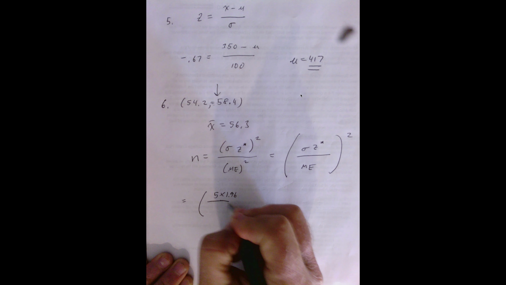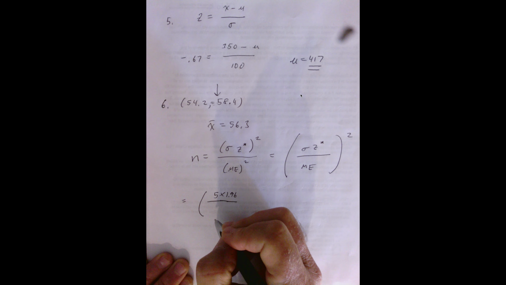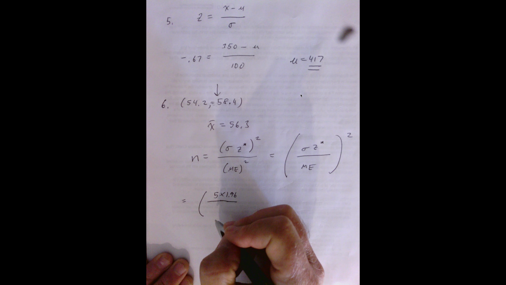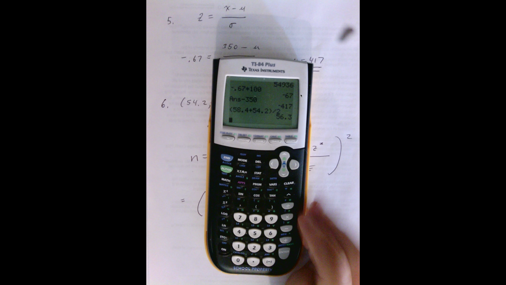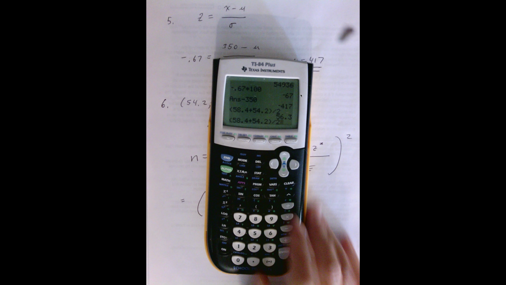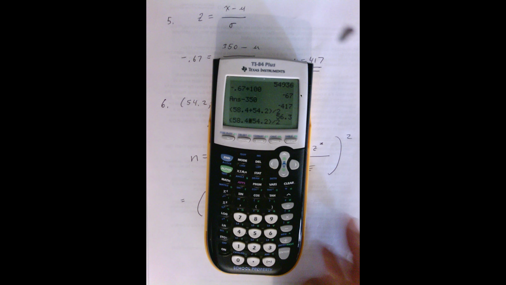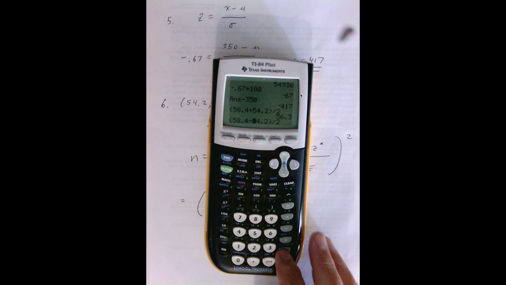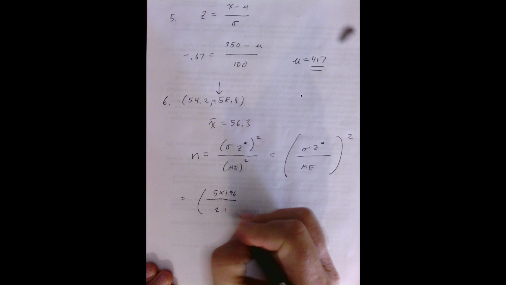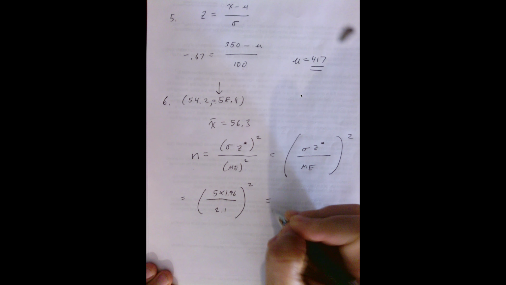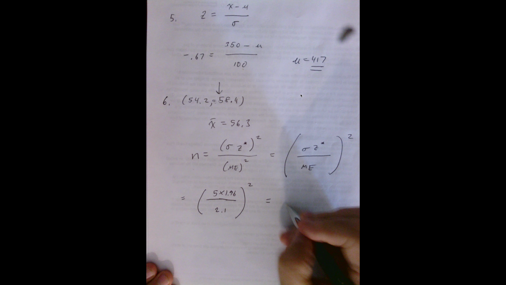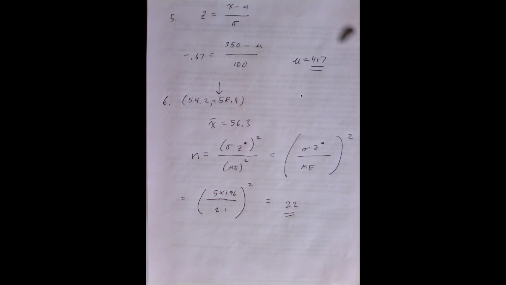And the value of the margin of error, well, I need to get that. That's why I did it in this form, because then all I have to do is make that a subtraction. So my margin of error is 2.1. Put that in your calculator, and I think it comes out to 21 point something. We always round up, so it's going to be 22.